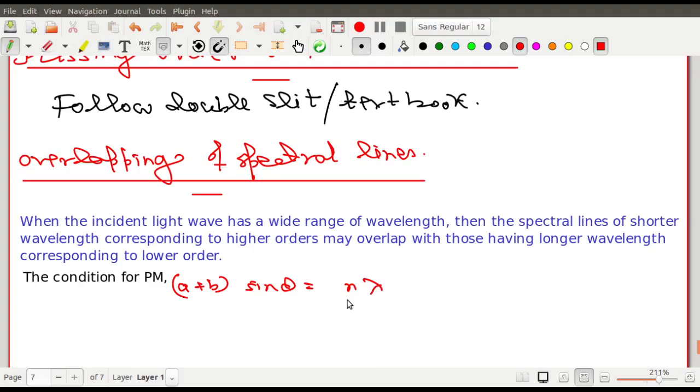I don't write p or s, I just write n. So (a plus b) sin theta equals n lambda is the condition for your principal maxima. All values of n are possible. Now for overlapping, theta must be the same.